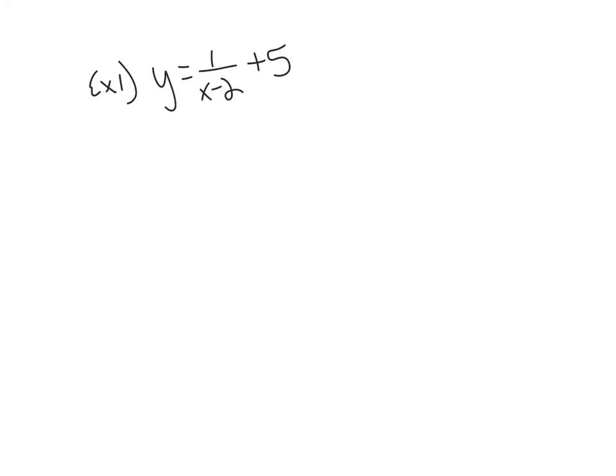Well, let's start on the right-hand side. We notice here that we have plus 5 on the outside. Well, plus 5 means I'm moving up 5. And notice in the denominator, we have a minus 2. In the denominator is inside. Inside, think opposite. So if we have minus 2, that means we need to go right 2.